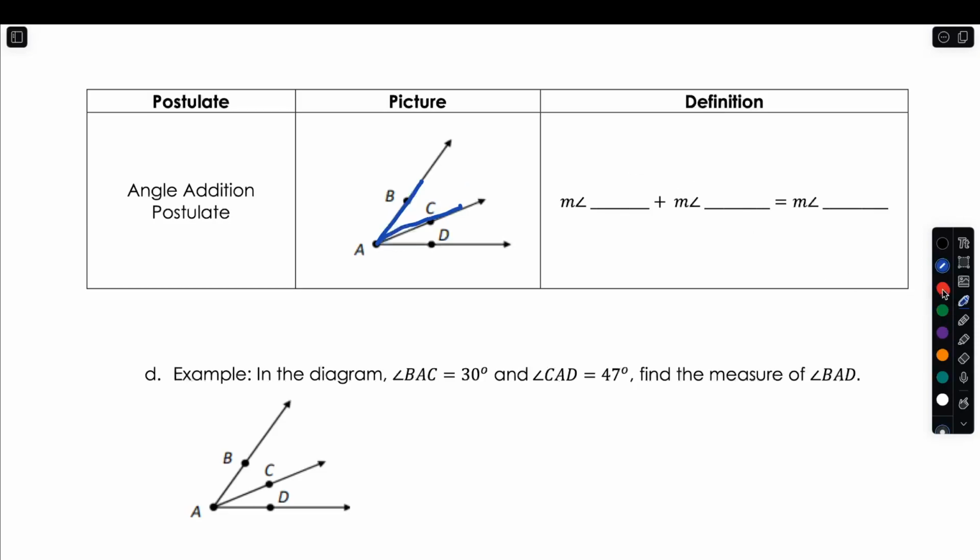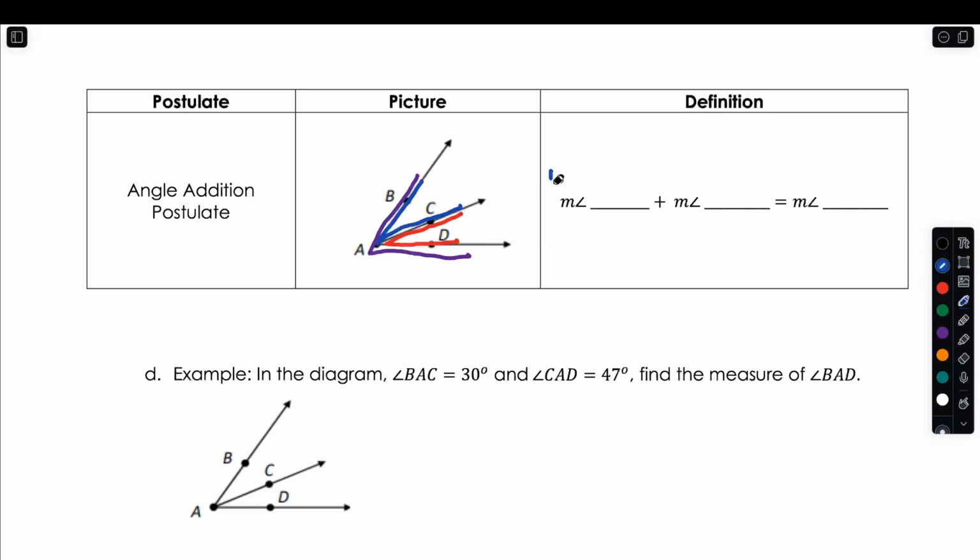And you've got an angle here. And those should add together to give me my bigger angle right here. So let's write that out exactly.